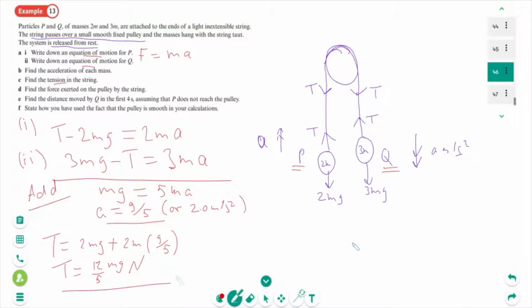Okay, part D. Find the force exerted on the pulley by the string. Forces on the pulley.